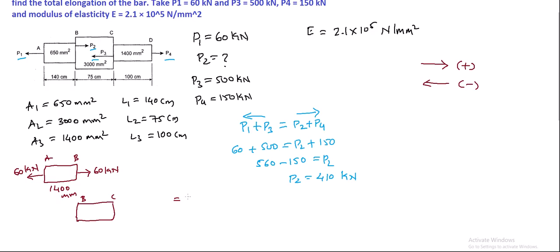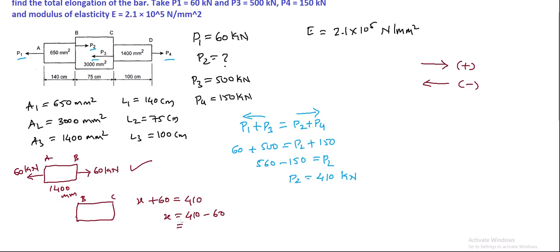I will take this as plus. So P2 is 410 kilonewton, and now I will get to the face BC, which is again in this direction towards my right. So I will write plus 60, and for the face B, which is unknown, I will take x equal to 410 minus 60.